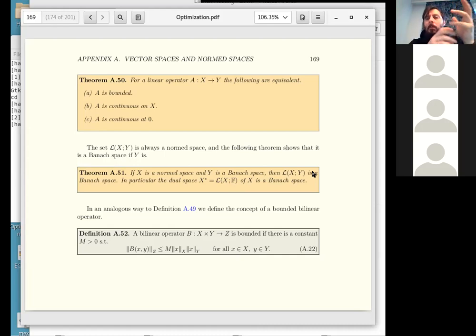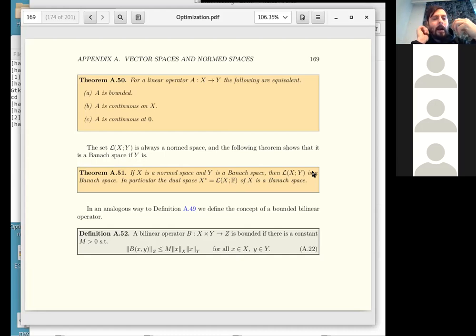In other situations, a bilinear operator can have an arbitrary space as its range, but in our case, we can think of it as a mapping from Rn to R. It's bilinear because it has two arguments, two parameters. In terms of a matrix, it's the matrix multiplied by a vector from the right-hand side and from the left-hand side.